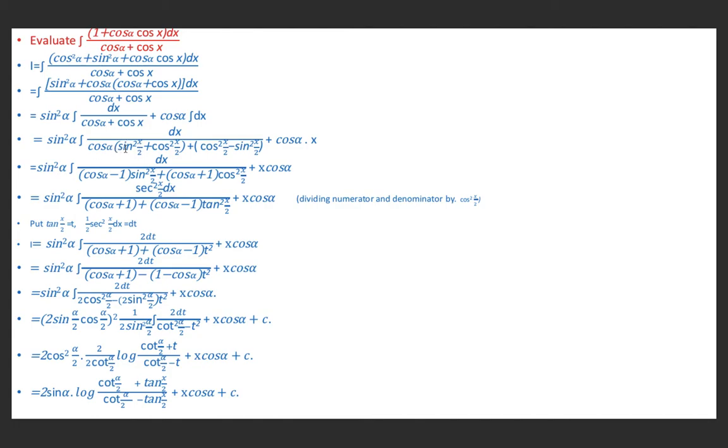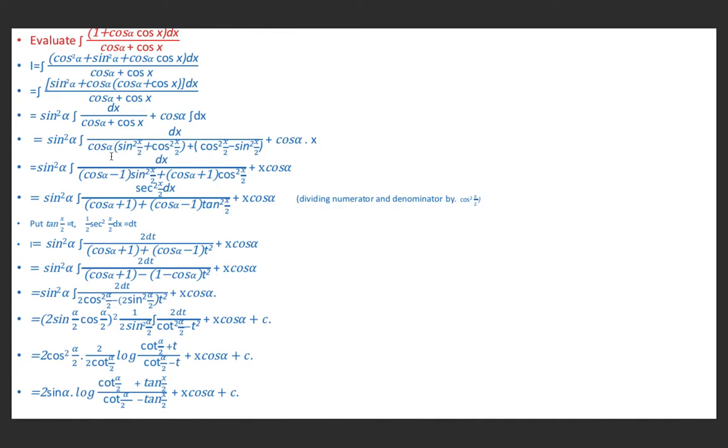If you take sin square x by 2 common in this first term and last term, you will get cos alpha here. Here it is 1, so minus 1 sin square x by 2. Take cos square x by 2 in these two terms. Here we have cos alpha and here you have 1, so plus 1, and here this is x cos alpha.